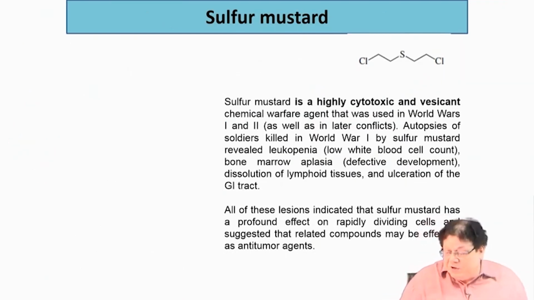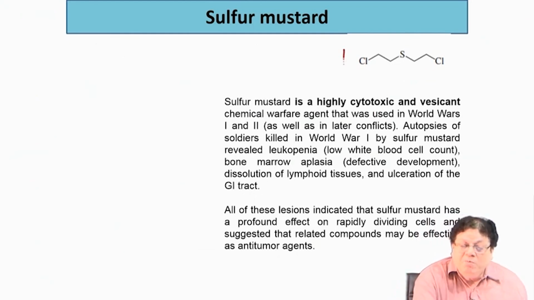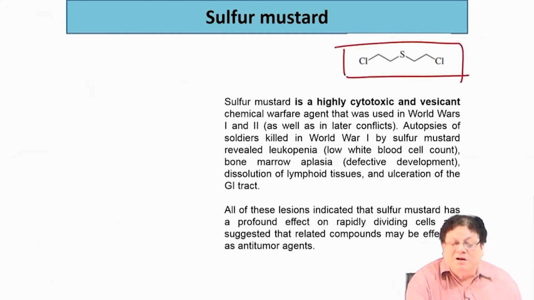Now, there is a history behind the discovery of this alkylating agent. There is a compound called sulfur mustard, because it is yellowish in color, looks like a mustard. Mustard also has yellow color. Okay.